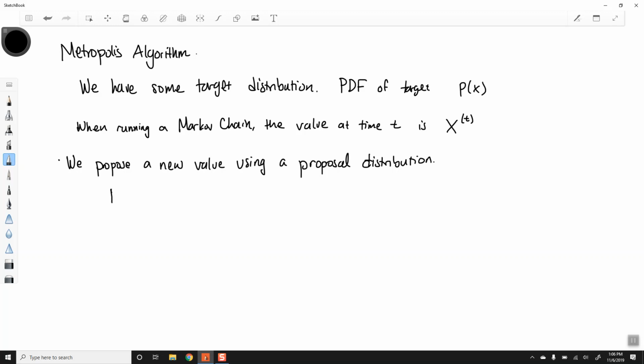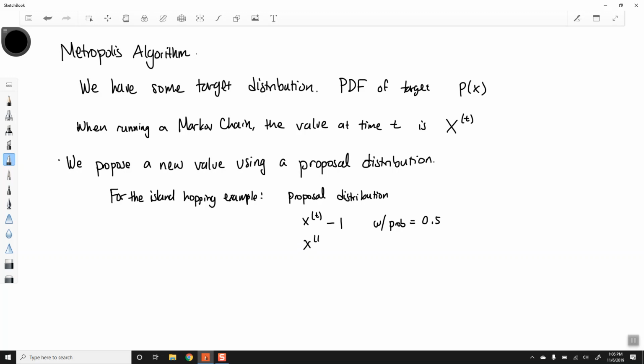For the island hopping example, the proposal distribution was that we can propose one less than our current value, with probability equal to 0.5, or we could propose one larger, the island above, with probability equal to 0.5.